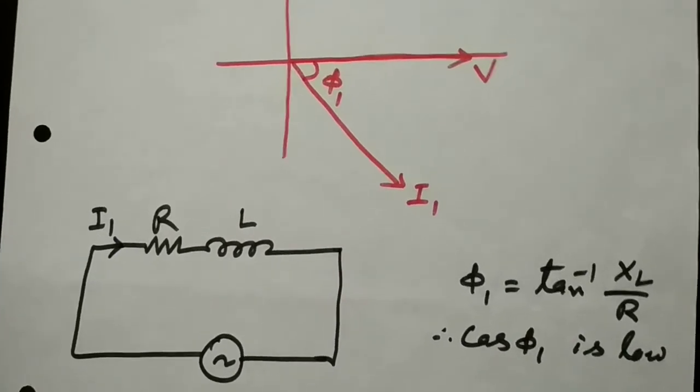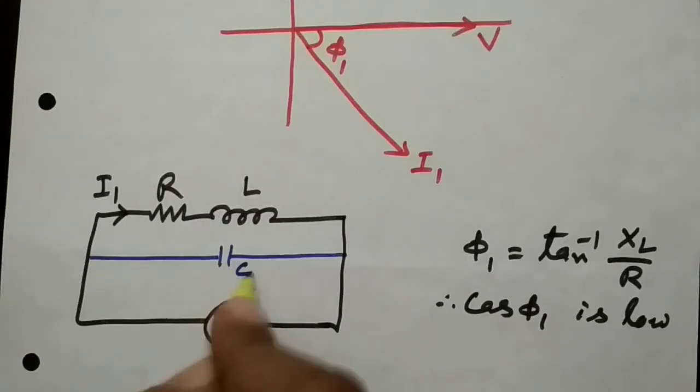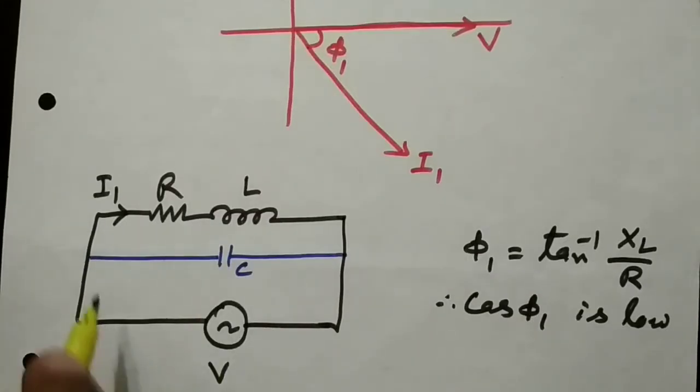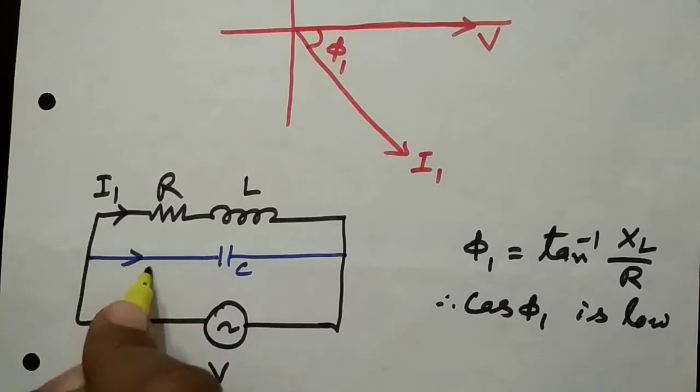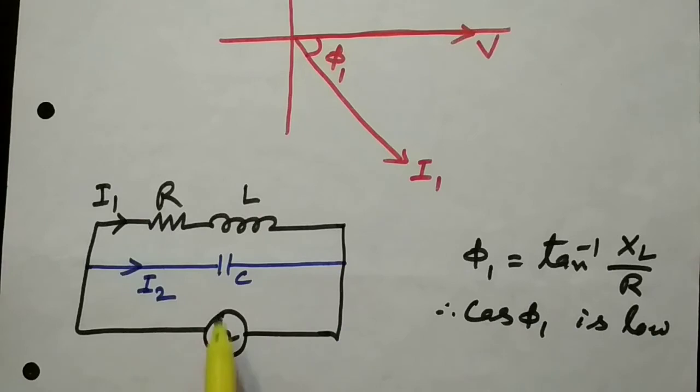Now we have to improve the power factor of this system. So we can connect a capacitor in parallel with this load. I have connected a capacitor in parallel with the load. As we connect the capacitor parallel to the load, a current I2 will start to flow through the capacitive circuit. We have already seen that for a purely capacitive circuit, the current leads the voltage by 90 degrees.